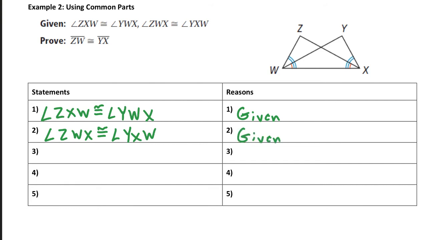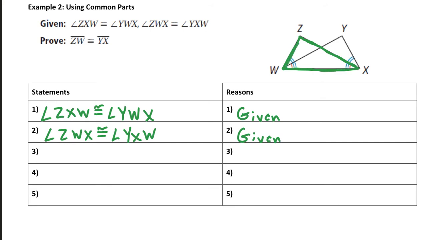Now the tricky part is looking at these triangles as overlapping, being able to redraw them or think of them as having a common side or a shared side, and then being able to use triangle congruence to prove something. So if you look at these triangles, I'm going to trace them and then erase. So ZWX is this triangle right here, okay? That's ZWX.